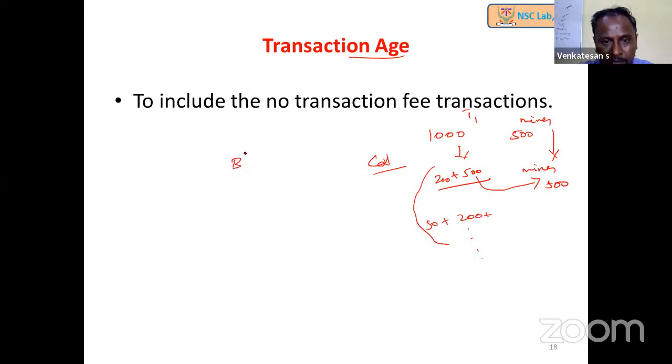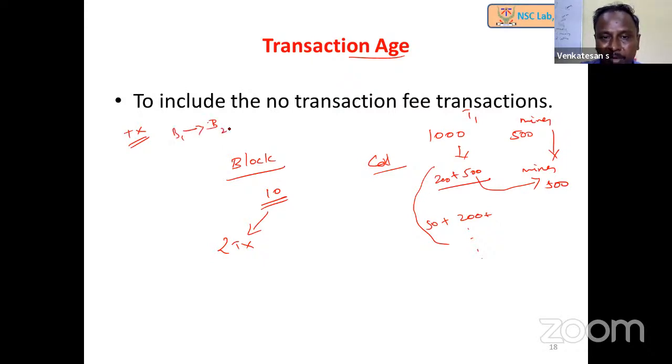In a block, let's say we are going to add a maximum of 10 transactions, and it is specified that out of 10 transactions, 2 should be transactions which are already aged. Aged means, let's say I put my transaction when block number 10 was introduced, but the same transaction is still pending up to block number 20.